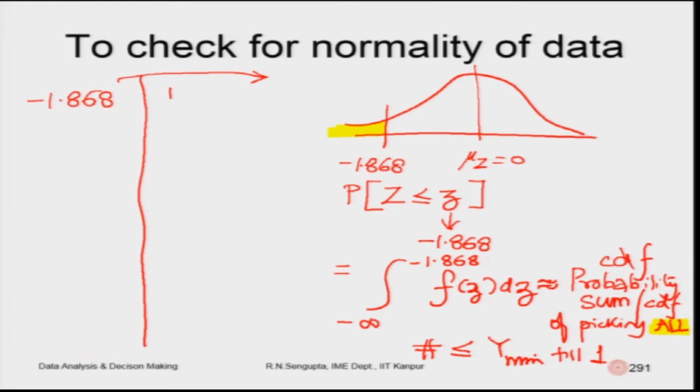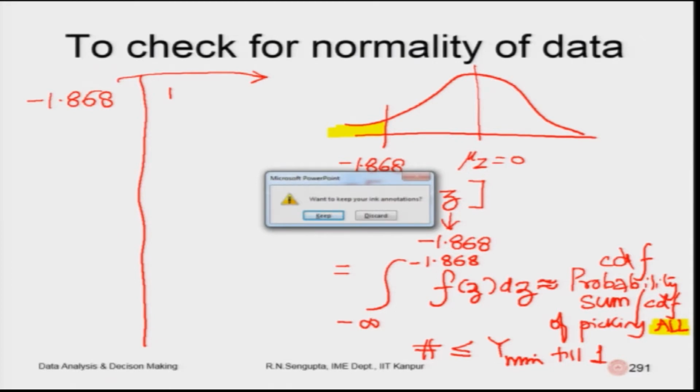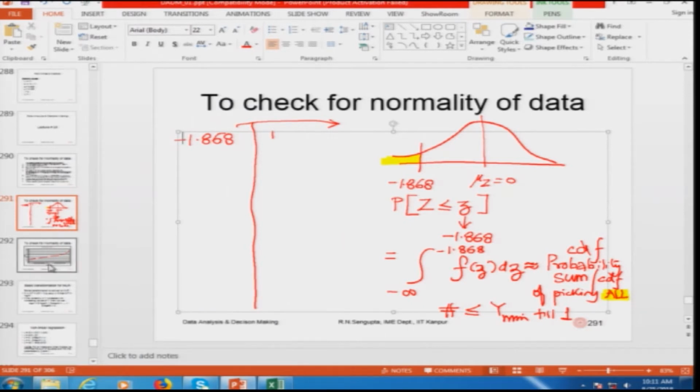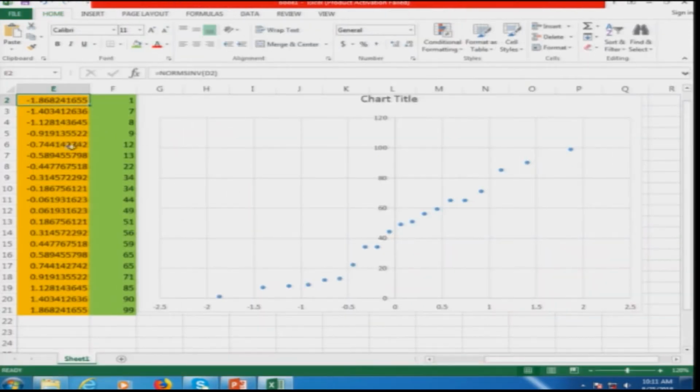Now, if it is changing, consider these values. Here, consider the value of minus 0.744 and 12. There are 1, 2, 3, 4, 5 values till 12, and the value is minus 0.744.